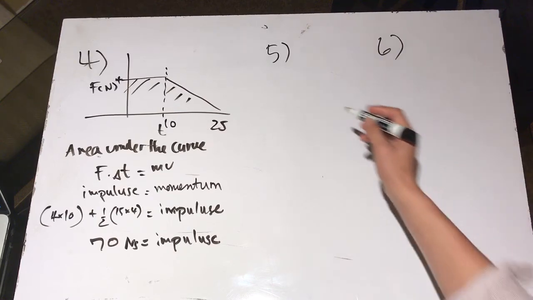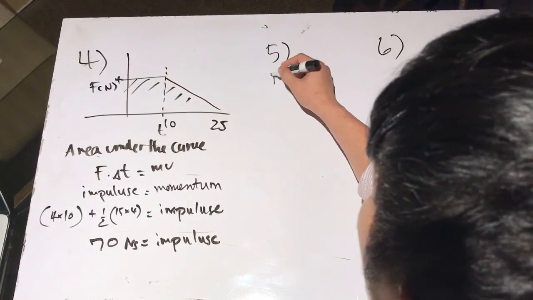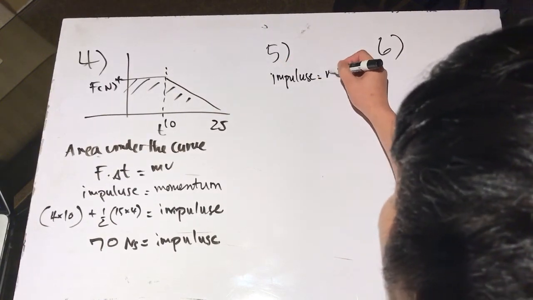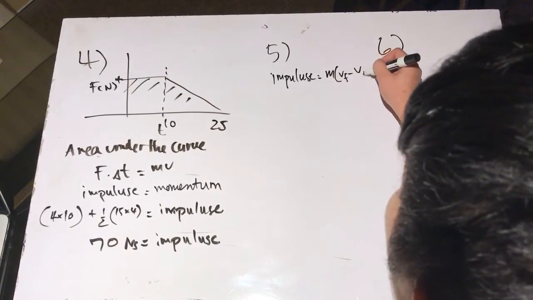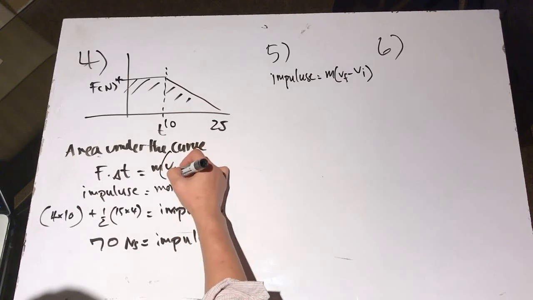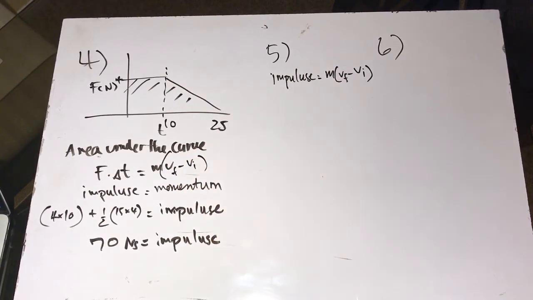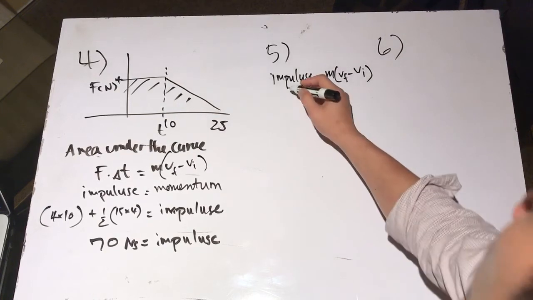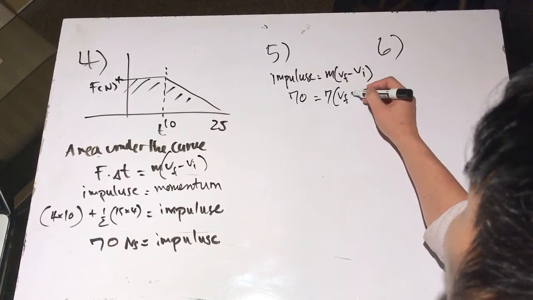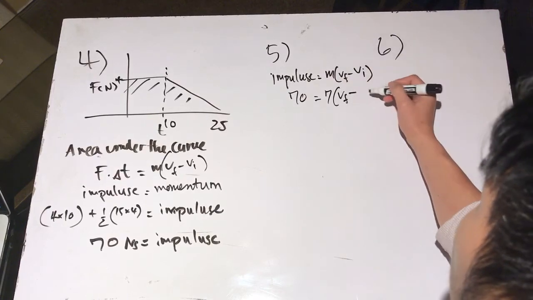However, when you're looking for question number 5, it's the same thing. Impulse is equal to mass times the change in velocity, because it's a change of momentum. So our impulse is 70, equal to mass, which is 7, times Vf, that's what we're looking for, minus Vi.